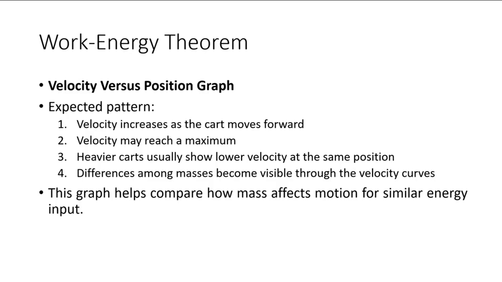And heavier carts usually show lower velocity at the same position. So if you increase the mass of your cart, the velocity decreases. There are differences among masses, and the differences become visible through the velocity curves. This graph helps us compare how mass affects motion for similar energy input.